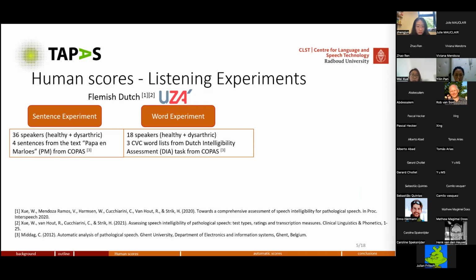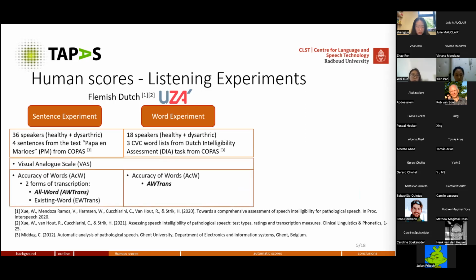To collect the human scores, I used 2 methods, the visual analog scale, VAS, and orthographic transcriptions. For orthographic transcriptions, I applied a novel form of transcription called AW trans, short for all word transcription, which allows all kinds of words, including pseudo words.